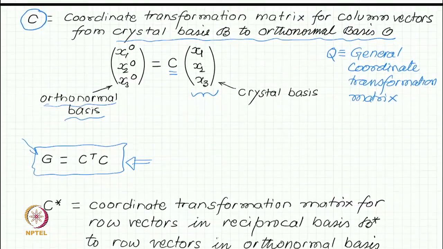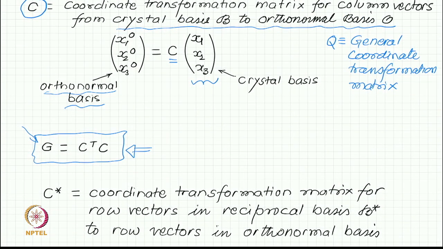Then similarly, the corresponding coordinate transformation matrix in the reciprocal space we are calling C star. So, we now have 3 coordinate systems. We have the crystal coordinate system a, b and c.